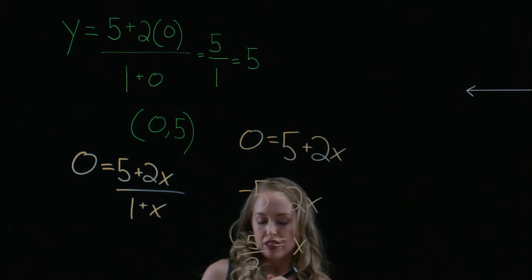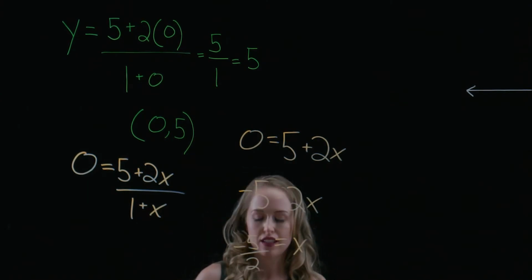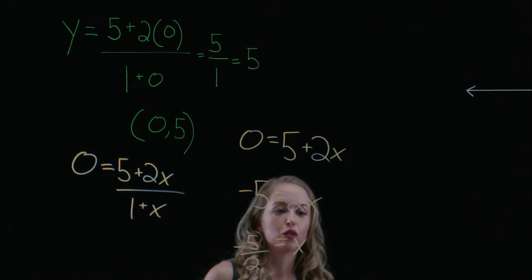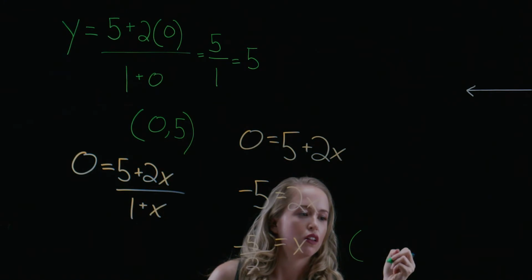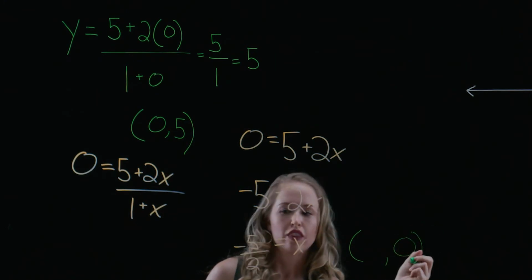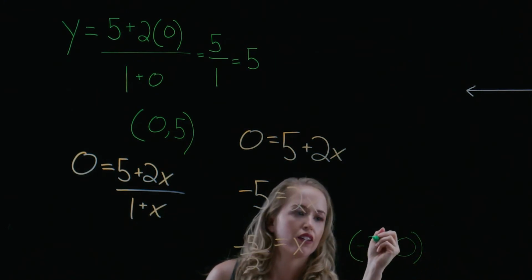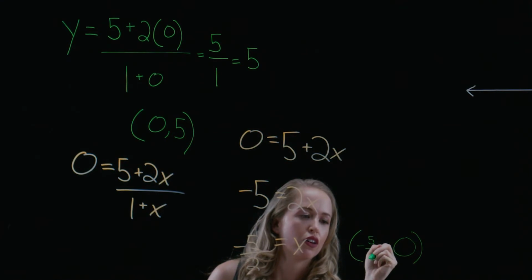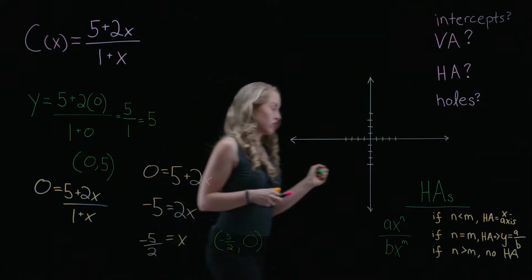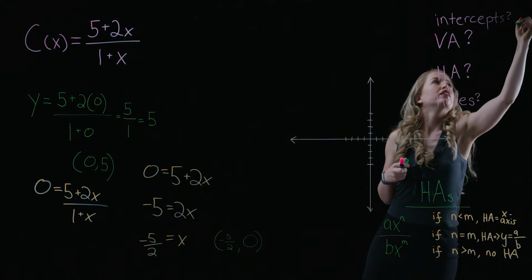This is important because I've given myself another point. I know that when y is equal to 0, my x is negative 5 over 2. So I've checked for intercepts.